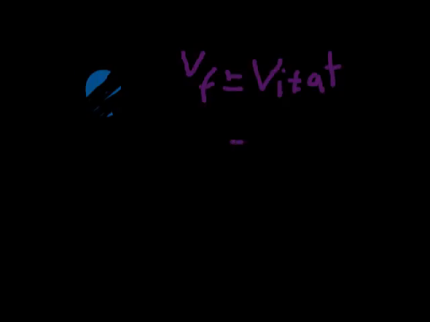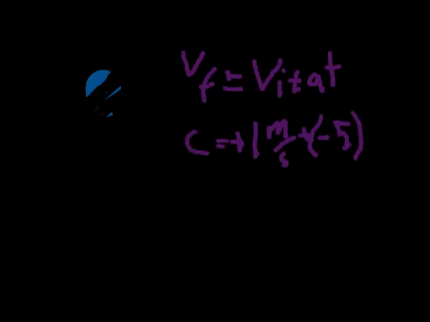So let's say the initial velocity is positive 1 meters per second, in the positive x direction, whatever you choose that to be. And let's say the magnitude of the acceleration is anti-parallel to it, and it's 5 meters per second squared.